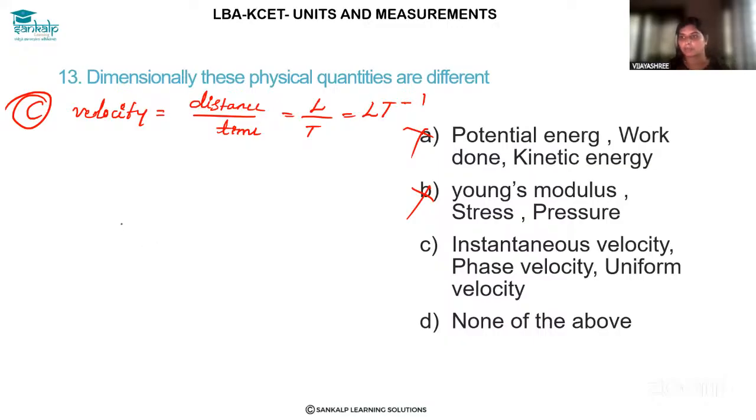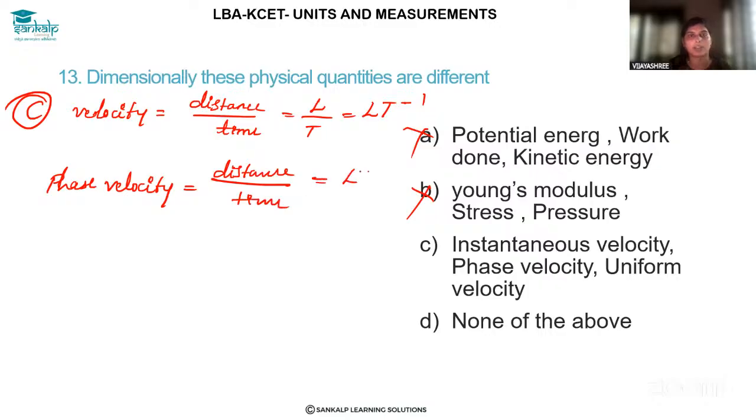Phase velocity, its dimensional formula also means distance divided by time, which is equal to L T raised to -1 only.